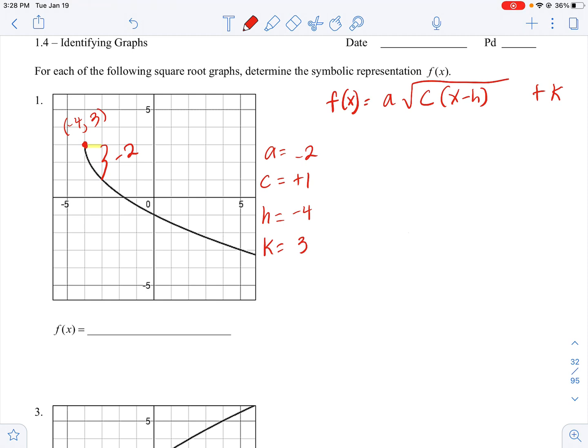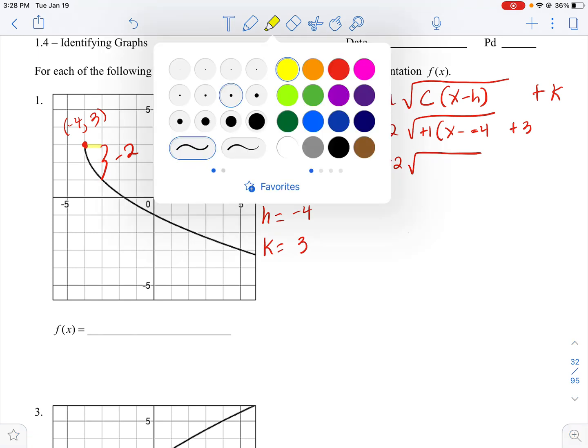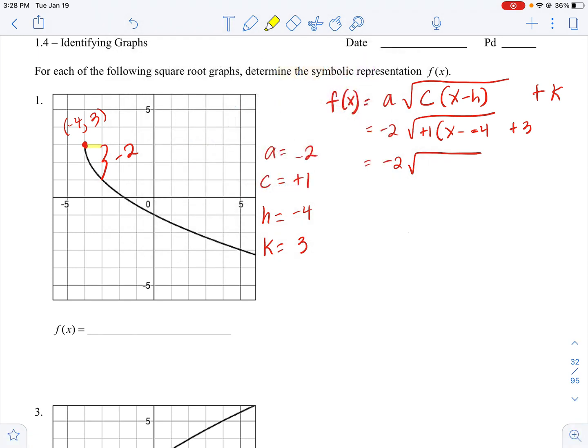And let's put that together. We have a -2, a c of +1, x minus -4, you have a double minus going on in here, plus 3. So we're pretty much done. All you have to do is really clean it up. So a +1 here wouldn't matter, because 1 times x would just be x.